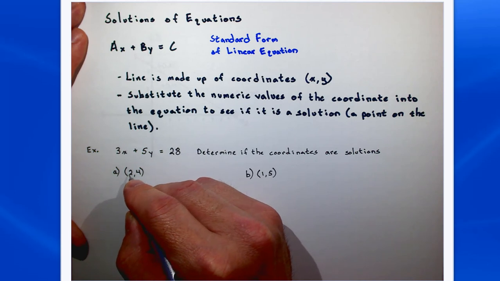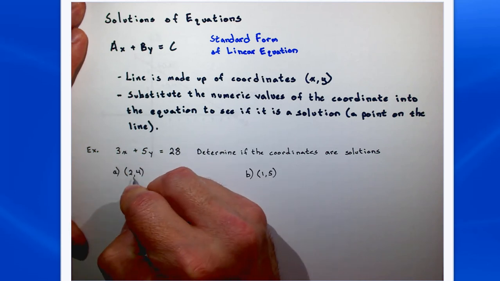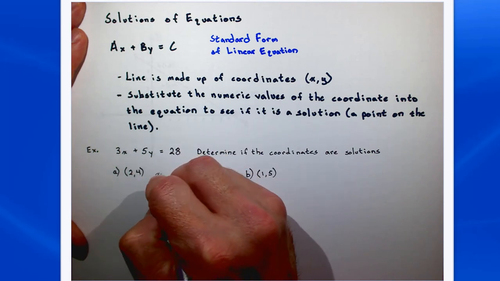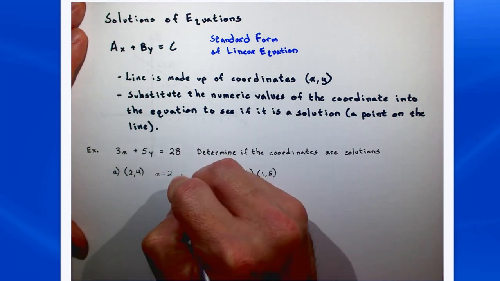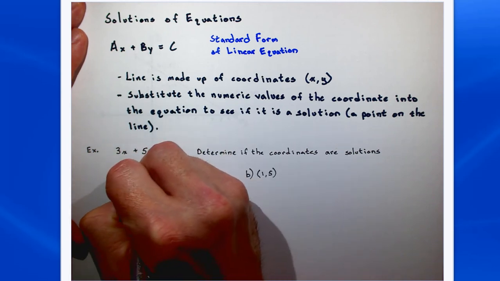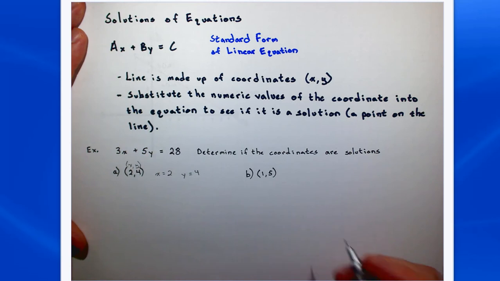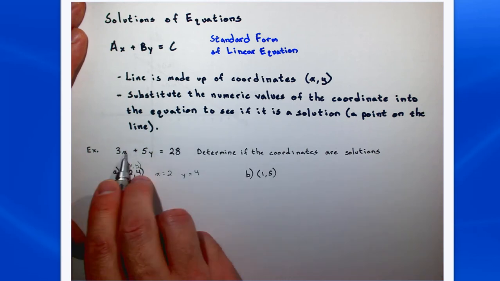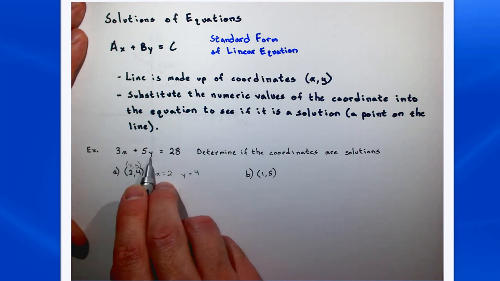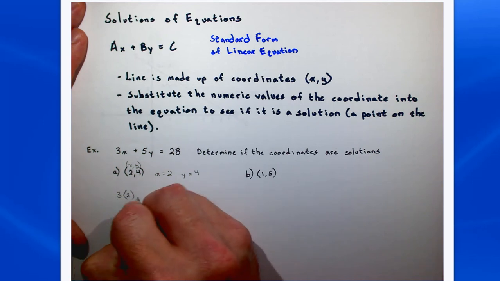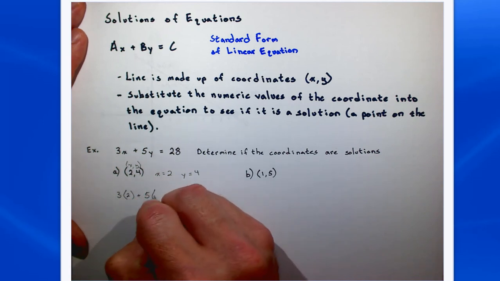Remember, my coordinate is x comma y. So what I have here is that x is 2 and y is 4. Right? x comma y. So I'm going to substitute or replace the value of x and the value of y. So what I end up with is 3 times 2 plus 5 times 4.